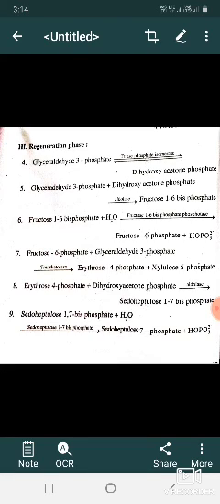Fructose 6 phosphate plus glyceraldehyde 3 phosphate, with transketolase, give rise to erythrose 4 phosphate plus xylulose 5 phosphate.